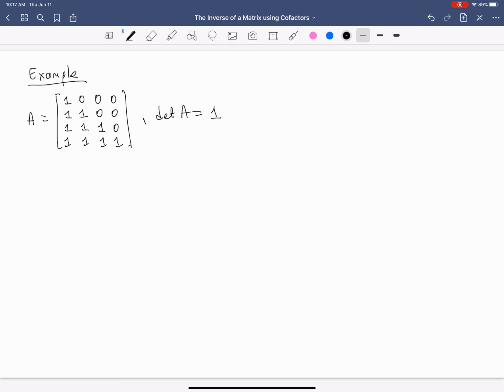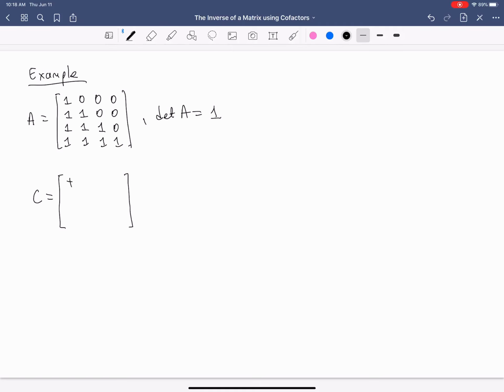The first thing I will want to compute is the cofactor matrix. Just so we don't get confused with transposition, I would say start with C. You can write C transpose as well at the end. So the first thing I'm going to do, and I will be erasing eventually, is I want to decide the signs that I need to put in here.